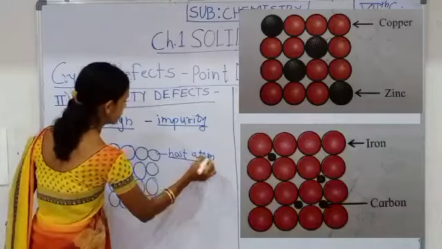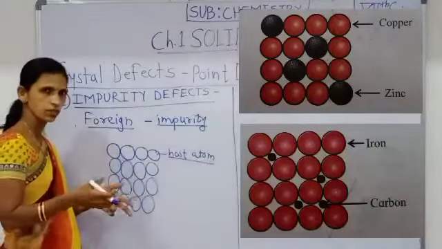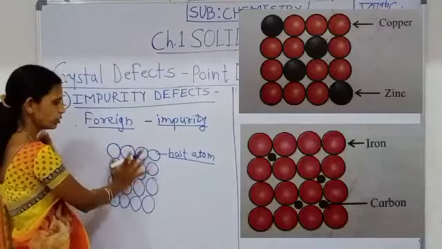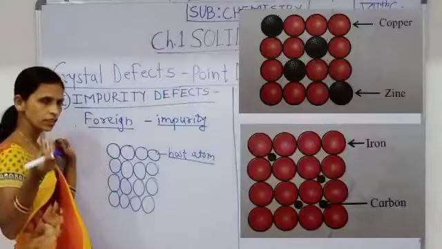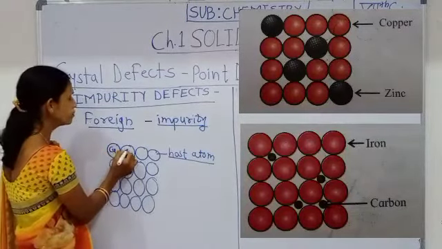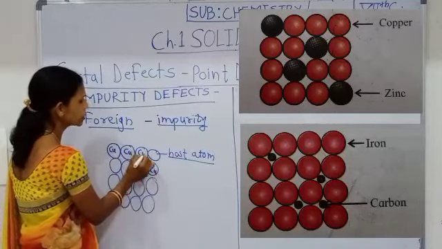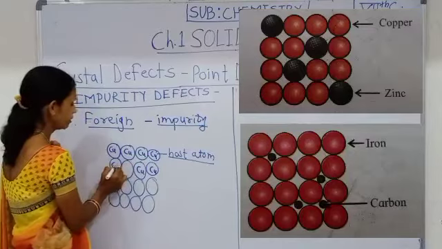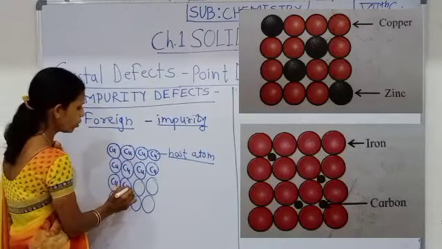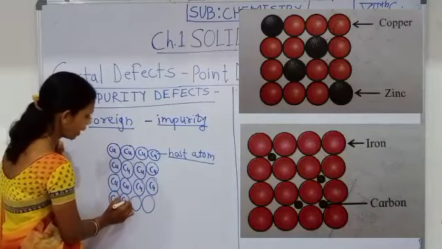Host atom is the atom of the substance originally present in the crystal lattice. That means suppose 1 gram of copper is taken, then there is an arrangement of copper atoms in the crystal lattice of that given amount of crystalline copper.